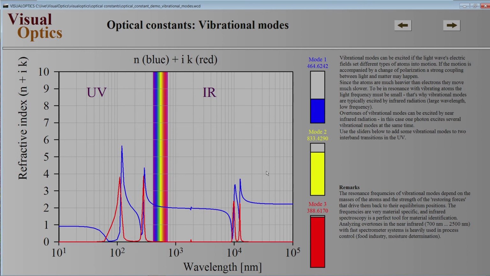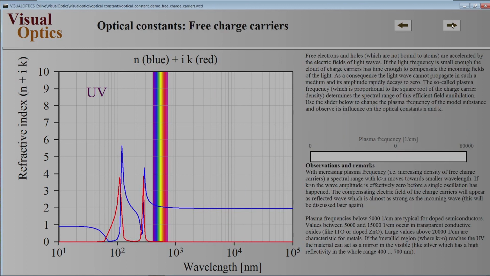Okay, finally, I will show you the acceleration of free charge carriers by the electric fields of light waves. If you have free charge carriers in the material, that means you have electrical conductivity. You have negative charges, usually electrons, or positively charged holes in doped semiconductors that can freely move in a material.